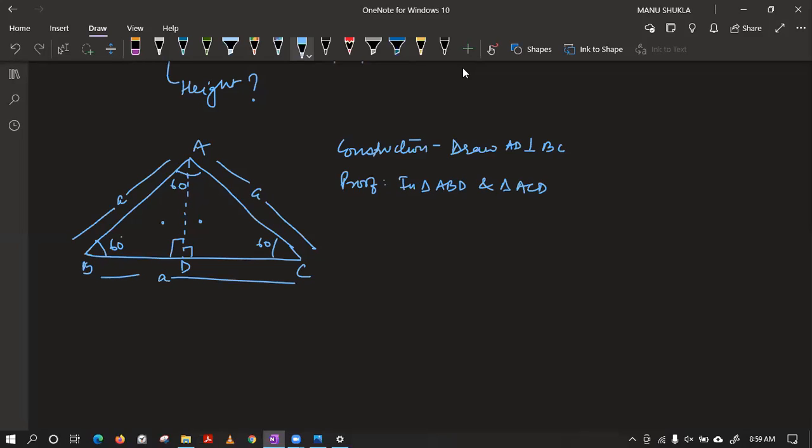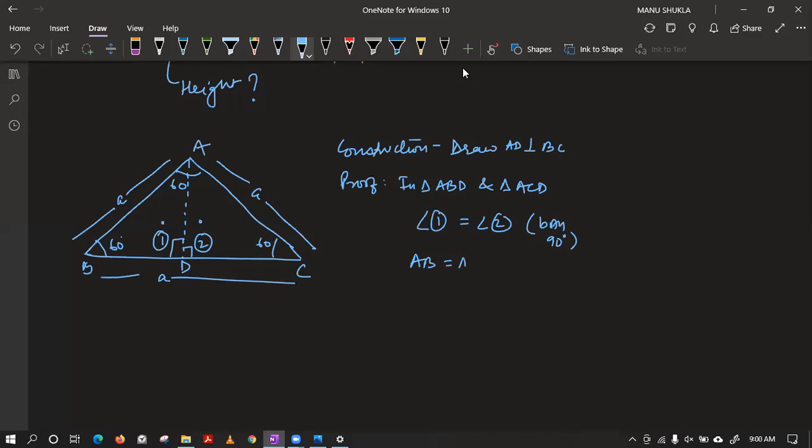Now let's see. In triangle ABD and ACD, what we actually know. First thing is the right angle. If I call this angle 1 and this angle number 2, I can say angle 1 is equal to angle 2, both 90 degrees. Second thing that I see is this AB is equal to AC.